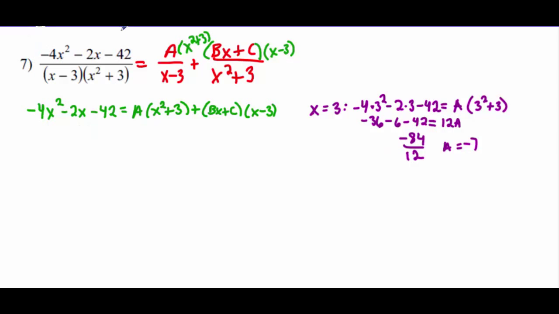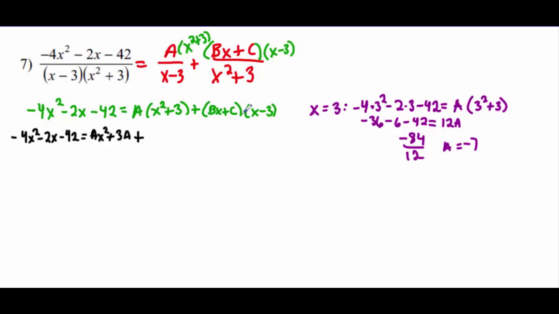And then we shelf that for a little while and go back and say, okay, let's go ahead and distribute and FOIL so that we can get our other numbers. So this will be negative 4x squared minus 2x minus 42 equals ax squared plus 3a.